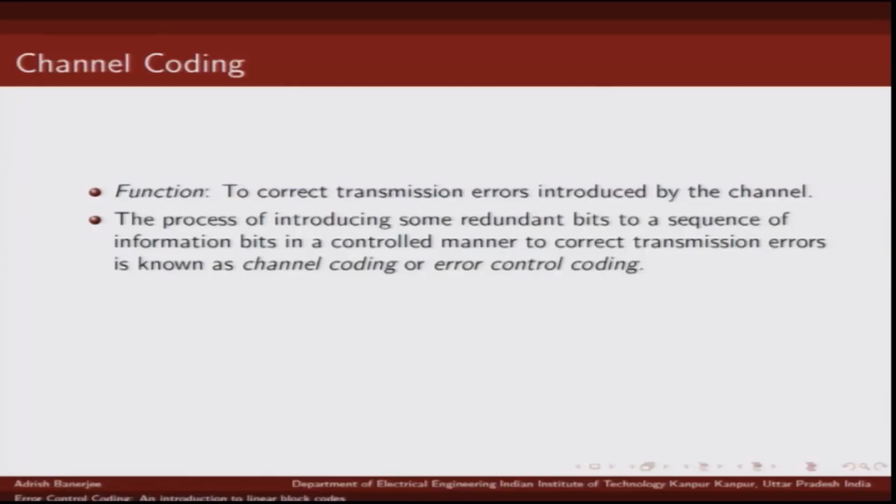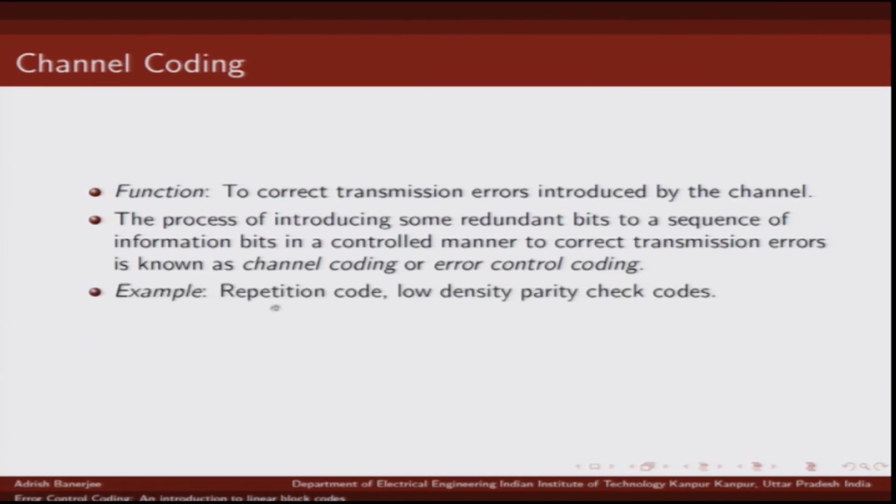This process of adding redundant bits, which we call parity bits, to our message bits is known as channel coding or error control coding, and this is essentially done to detect or correct errors caused by the transmission medium.